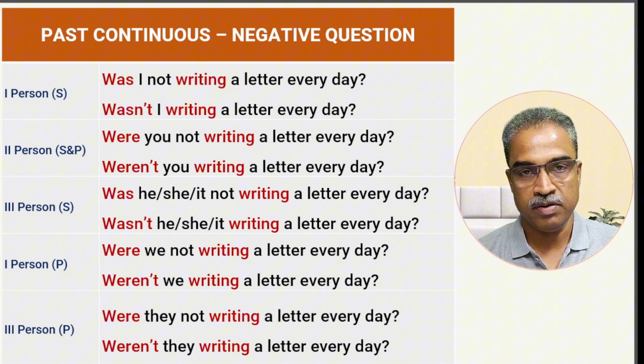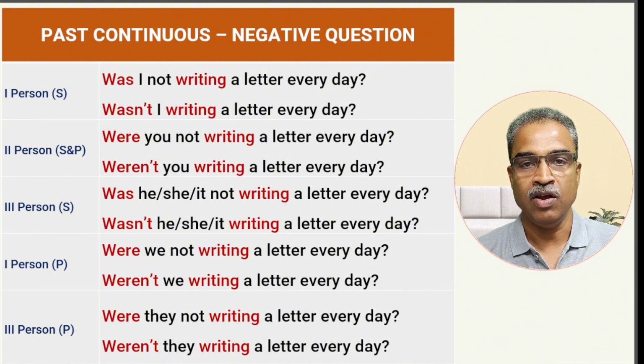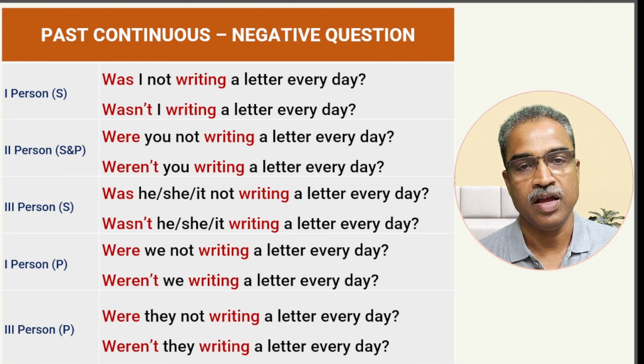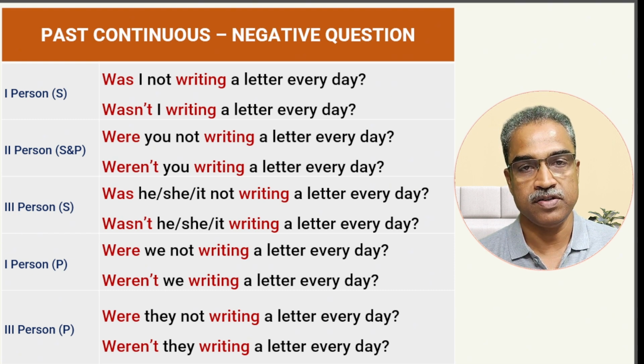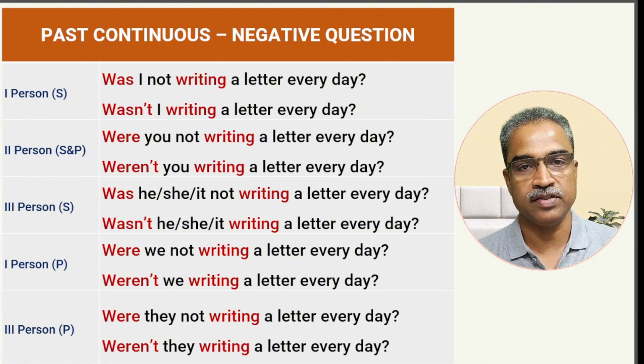When you frame a question, put the first auxiliary first, and then the subject and all the remaining things as they are. That is the structure. And please do remember how the verbs keep changing their forms according to the person and number. That's all we have in today's class, and I'm sure this was a useful class for you.